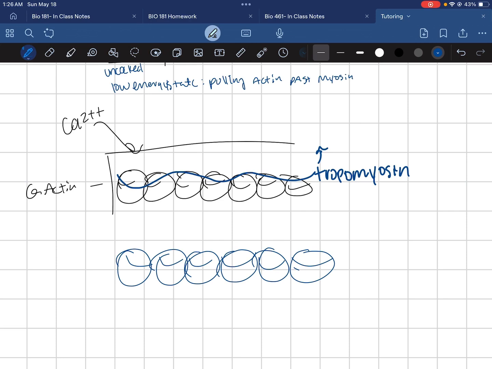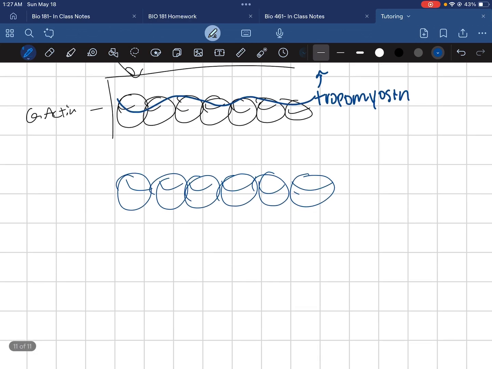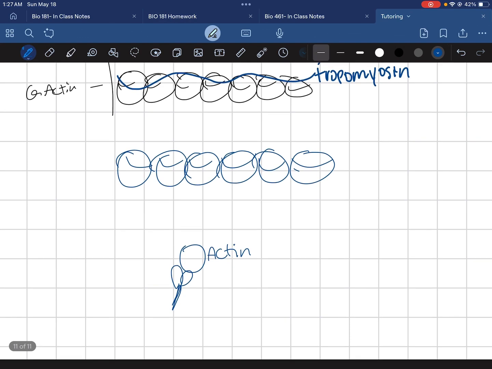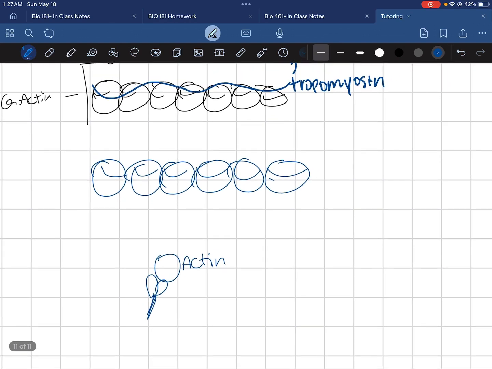So uncovering active sites means that our little myosin head is going to bind to actin. And then the binding of this is what causes our cross bridge formation.